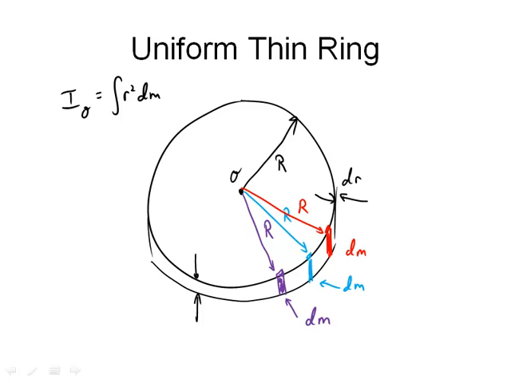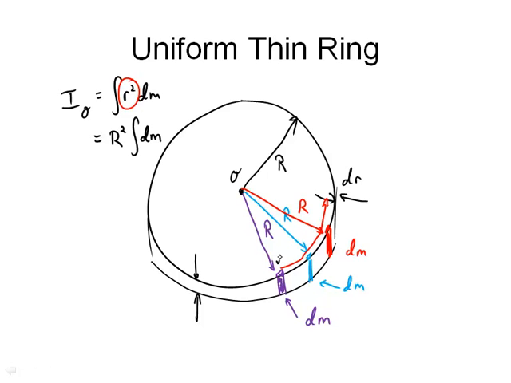What you'll notice is as I go from one dm to the next, to the next, to the next, all the way around, R is the same. It's constant. And since R is constant, it comes out of the integral. And it's equal to big R, and that's squared. It's coming out of the integral because it's constant. This is just the integral of dm. But what's the integral of dm? It's just the total mass. Remember, an integration is a sum.